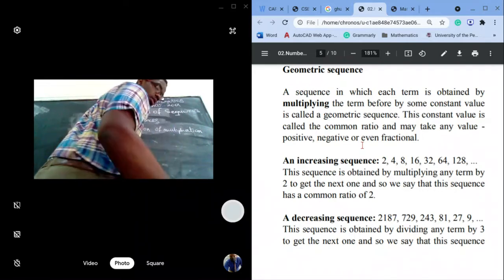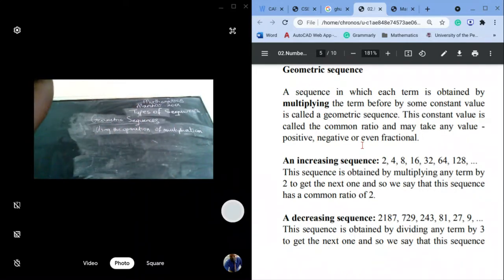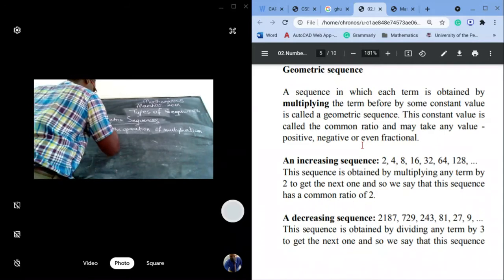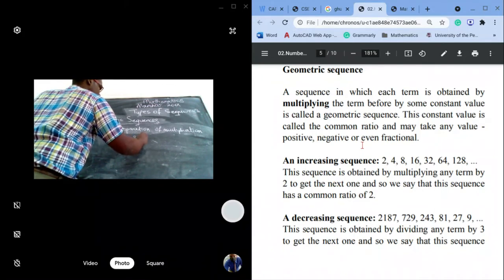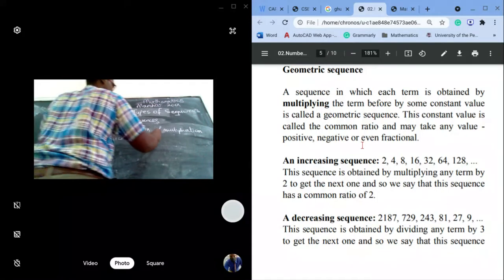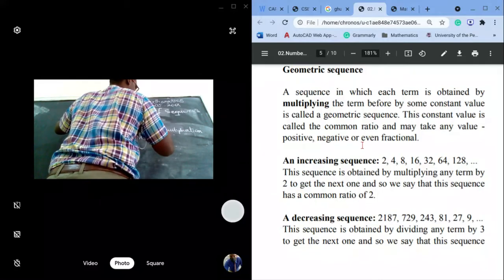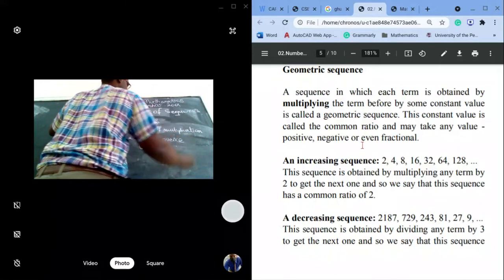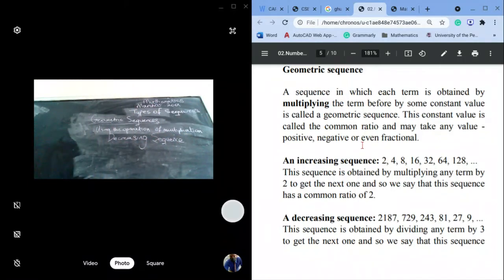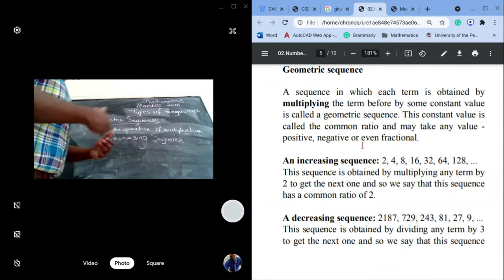So we've looked at increasing, now we're going to look at decreasing sequences. Alright, now let's follow the same trend.